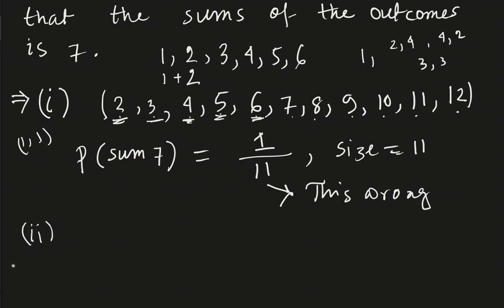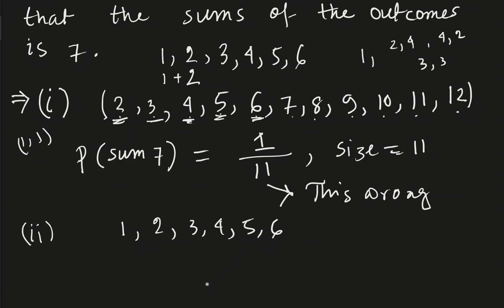Now which are the events which are equally likely? If I do an experiment, if I roll a die, then for a single die the equally likely events are 1 2 3 4 5 6.